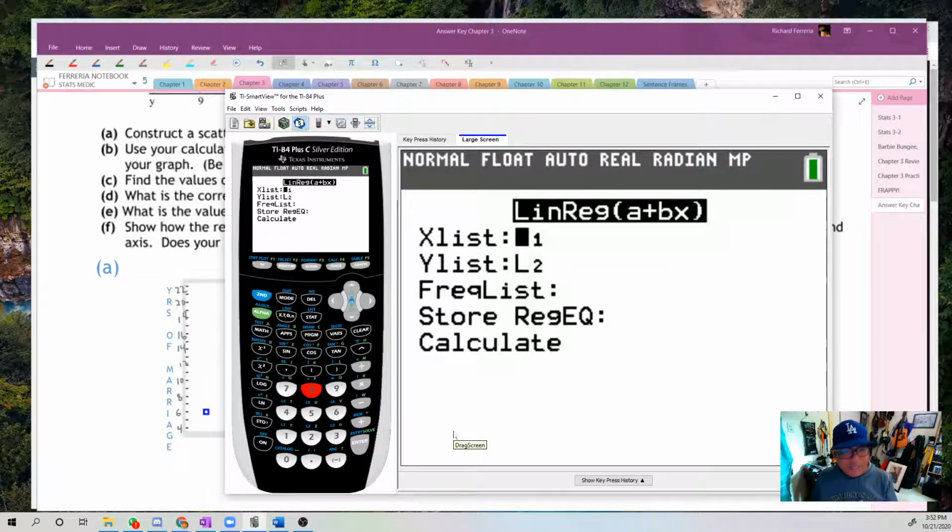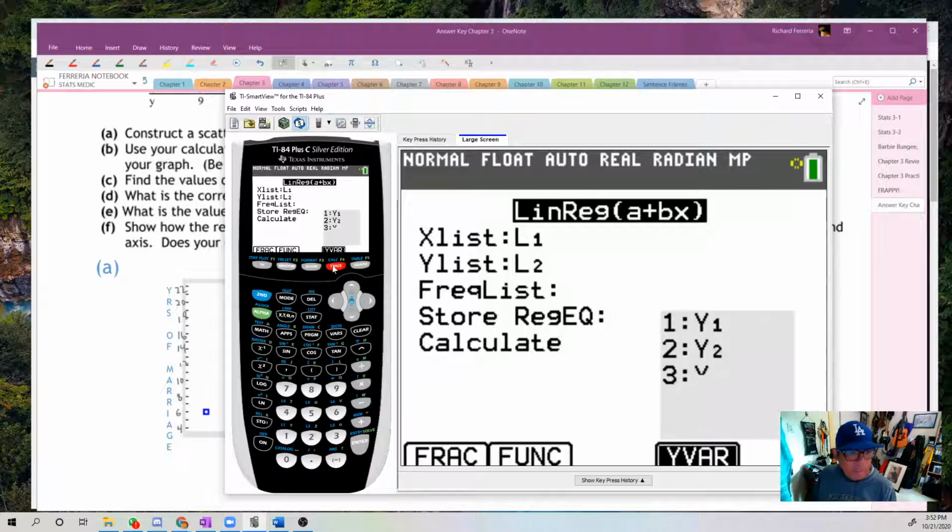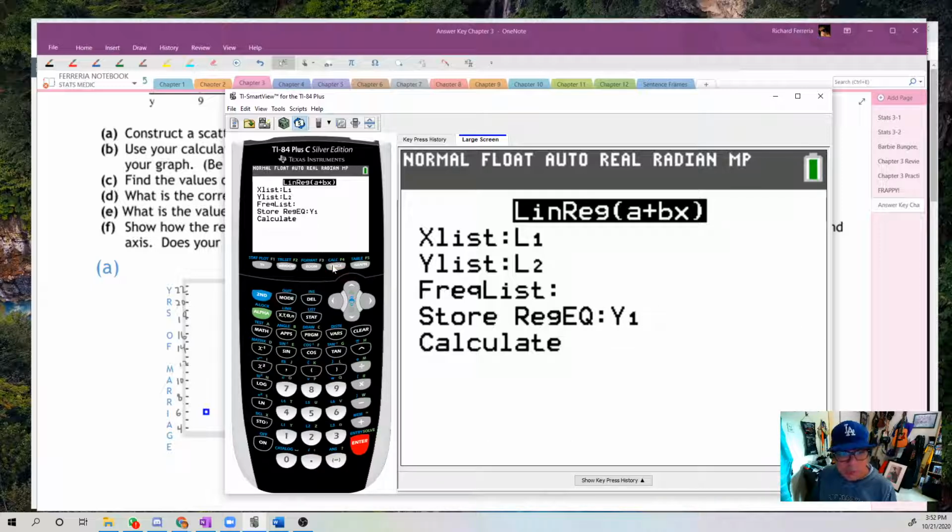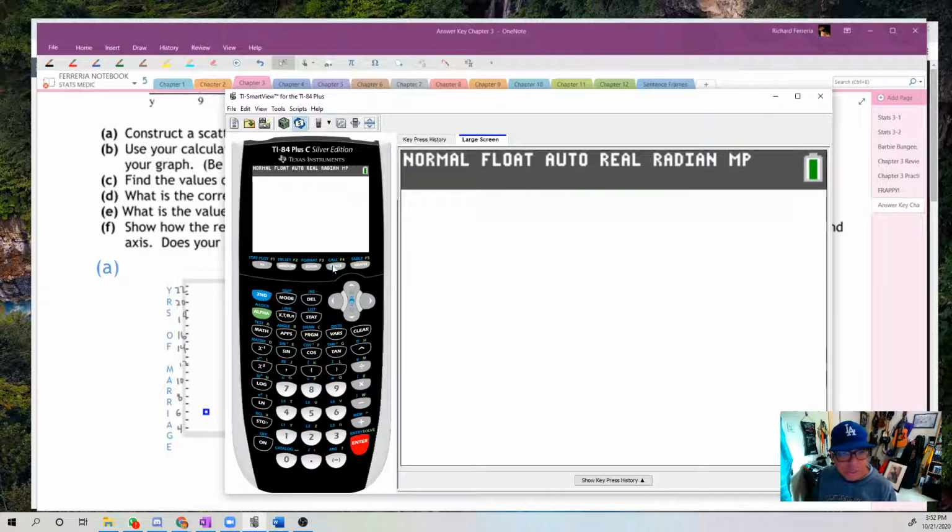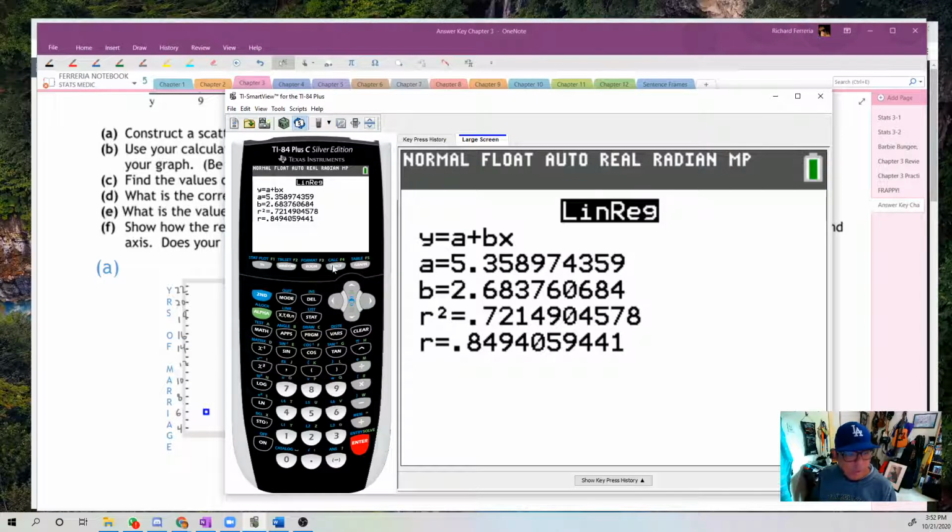Is that the X list? Yes. Is that the Y list? Yes. Frequency list, always leave blank. Let's store the regression in Y1: alpha, trace, Y equals, calculate, and here is our linear regression, 5.36 for a, 2.68 for b. I'm going to copy and paste that and put it into our work.